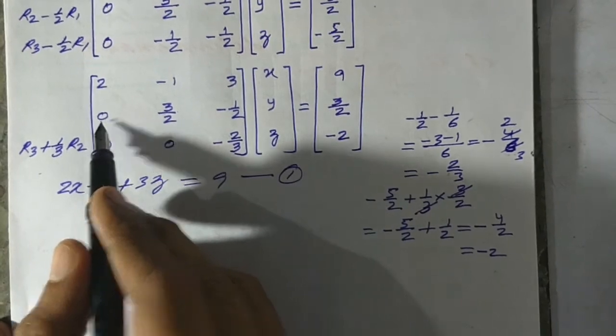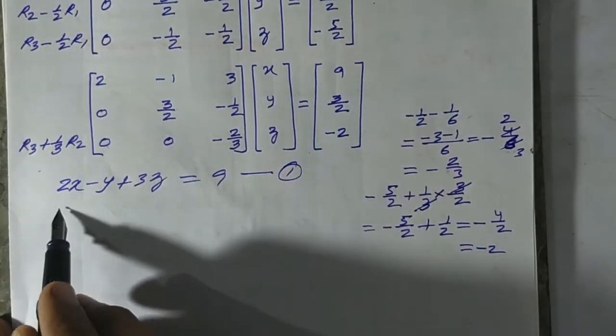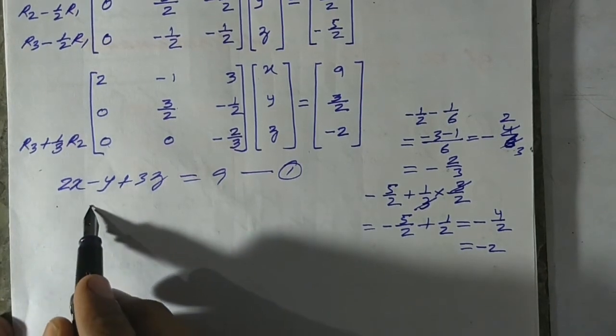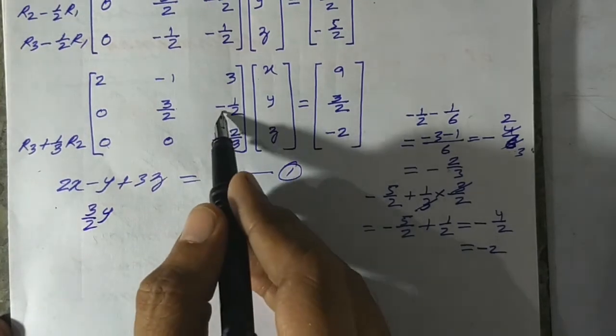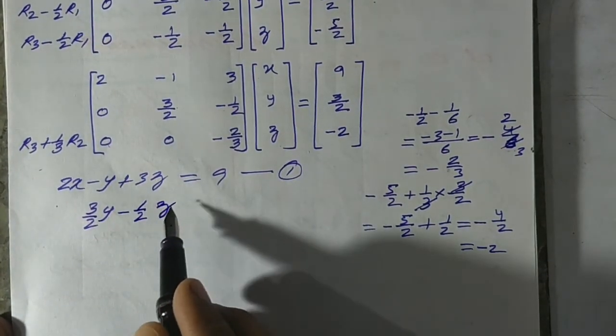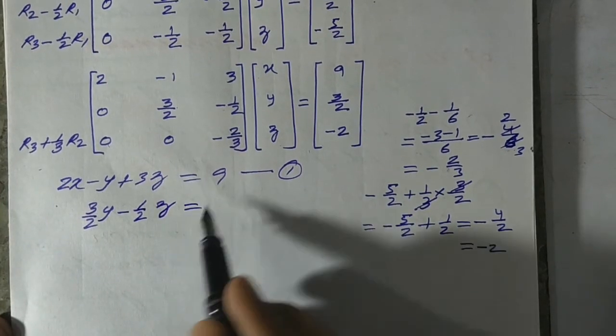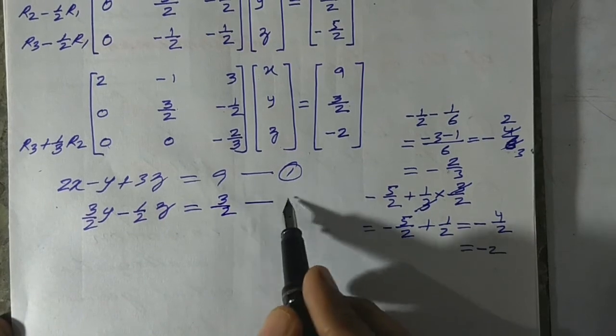Second one, 0 into x, 0, 3 upon 2y, minus half into z, minus half z is equal to 3 upon 2. Let it be second.